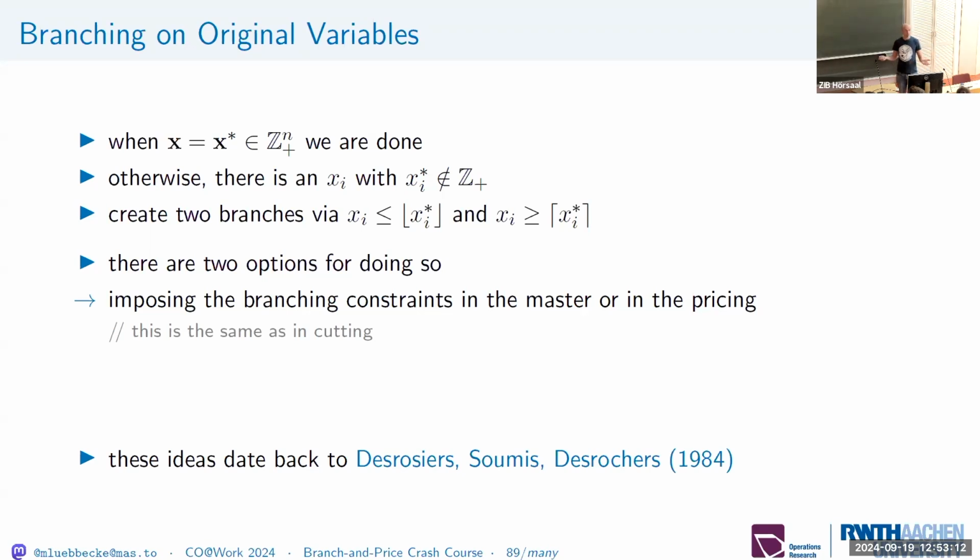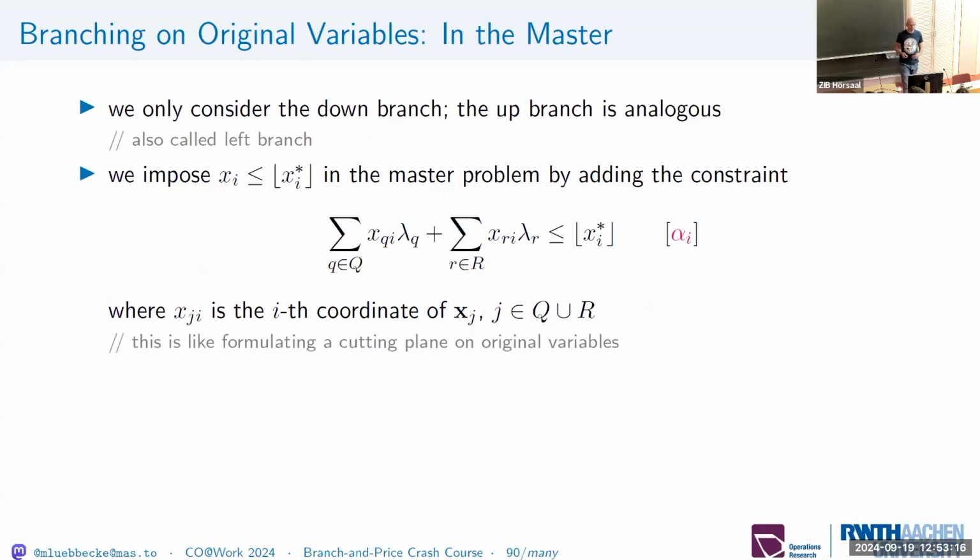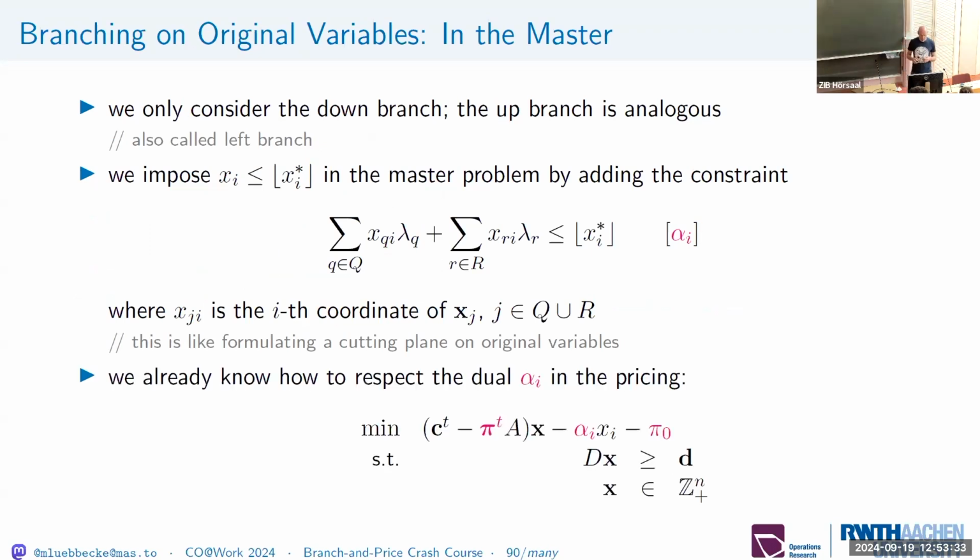And here we have two options how we could do this. Number one is we could explicitly think of this as a constraint in the original Dantzig-Wolfe formulation. Then we have an additional constraint in the master that would give an additional dual variable we would have to respect in the pricing. This is easy to respect in the pricing actually. It only affects the reduced cost, only the objective function.